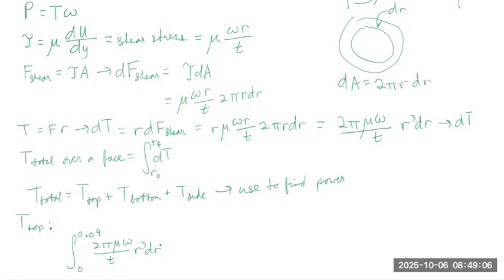So this is going to be equal to 2 pi mu omega over t times r to the power of 4 over 4, evaluated from 0 to 0.04 meters. So we can now plug in the values.